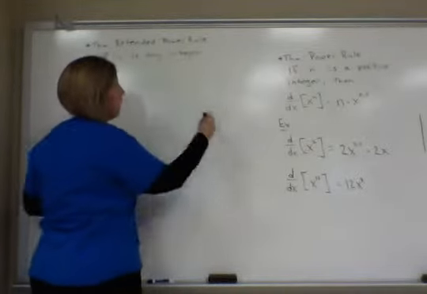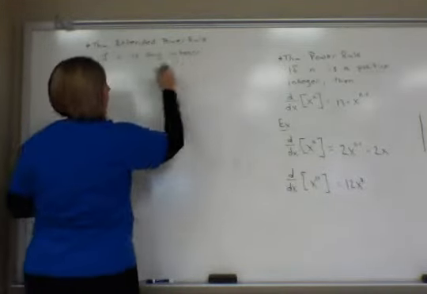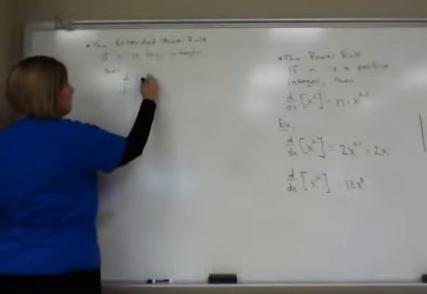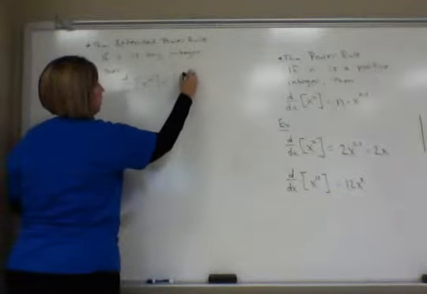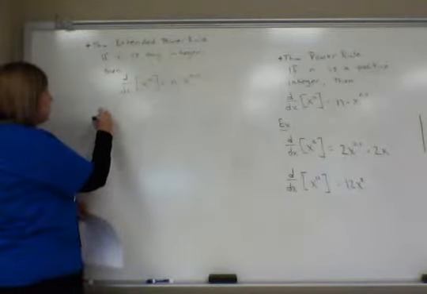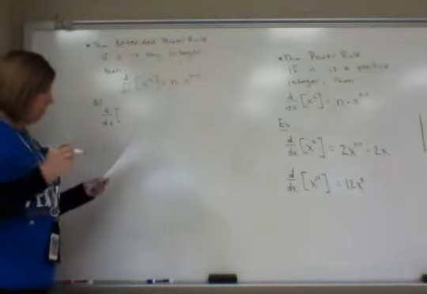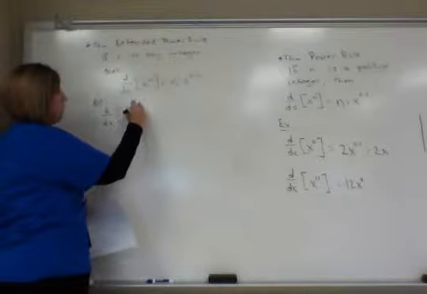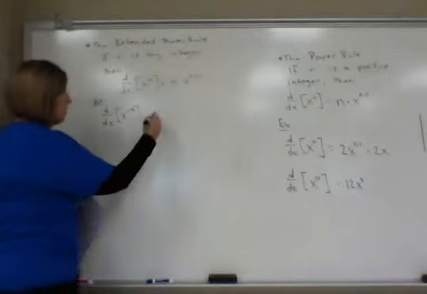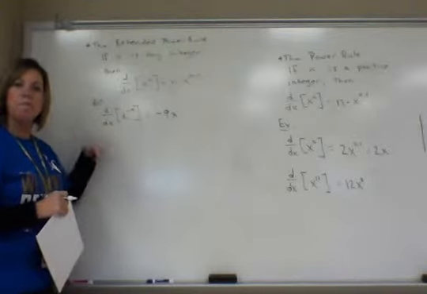So now we're not just saying a positive integer or positive exponent, but if n is any integer, then the same thing applies. d dx of x to the nth is n times x to the n minus 1. Now, let's see how this changes things a little bit. If I want to know the derivative of x to the negative 9th power, again, we're going to bring that exponent out front as a coefficient, so it's going to be negative 9 x to the, and we have to do negative 9 minus 1.